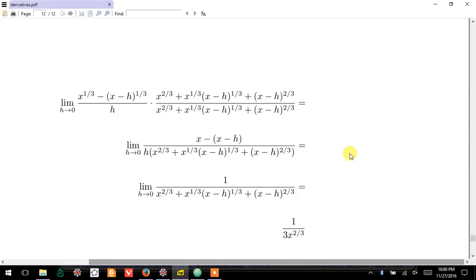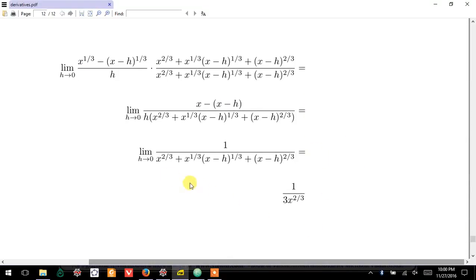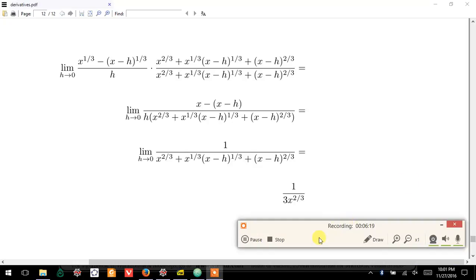Now, at that point, this is continuous, so you can plug in 0 for h. And when you do, you get x to the 2/3 plus x to the 2/3, right? If you combine the exponents, plus x to the 2/3, that's 3x to the 2/3. And this is indeed the derivative. That was admittedly an extremely hard one, but so it goes.